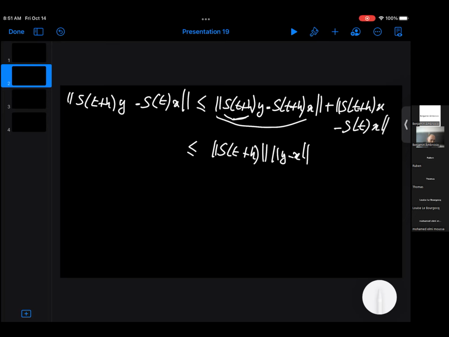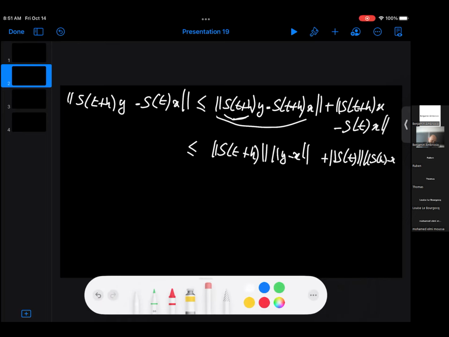And here, I can take out the S(T) and do that times S(H)X minus X. Plus, let's do it in two steps, S(T) times S(H)X minus X. All right, everybody agrees with that?